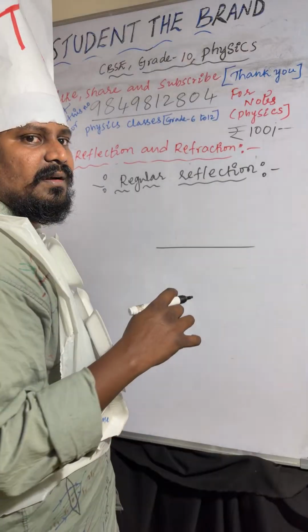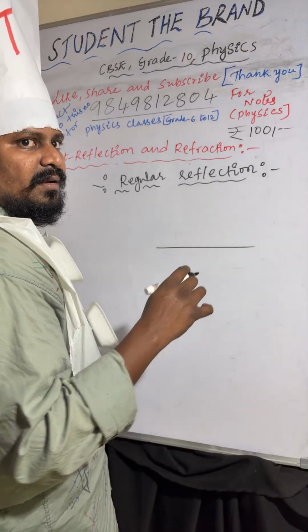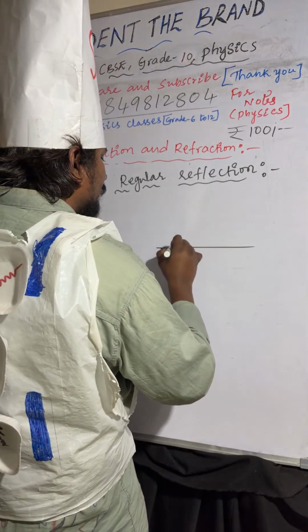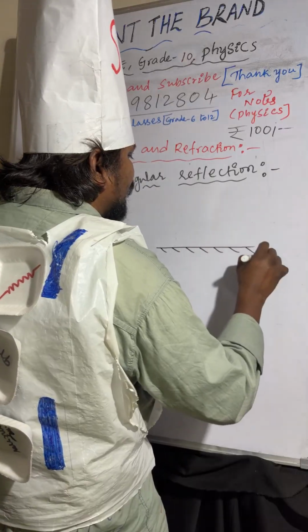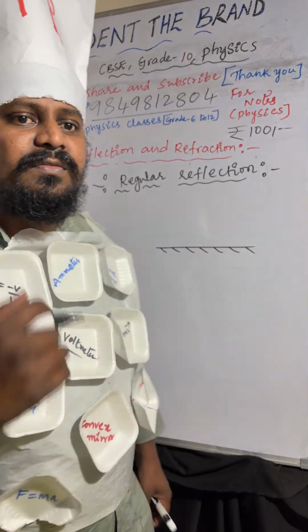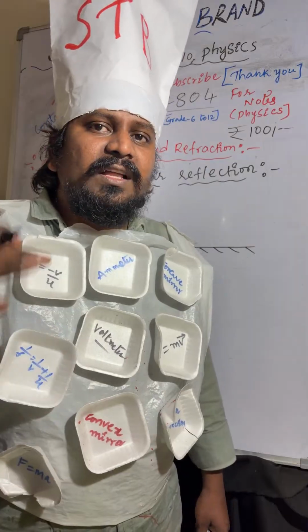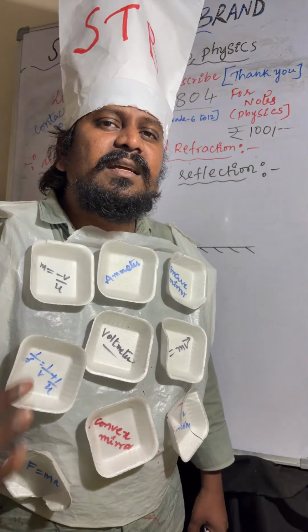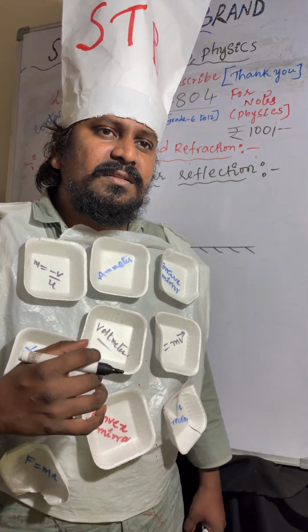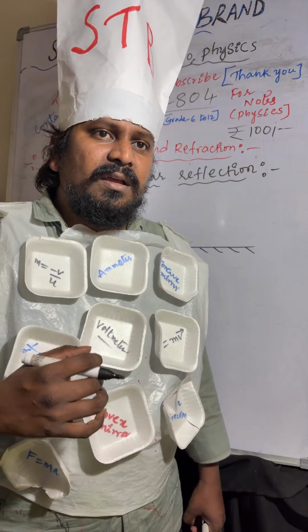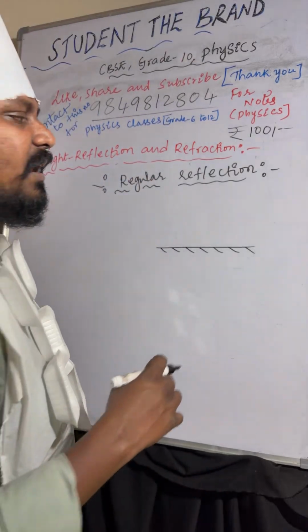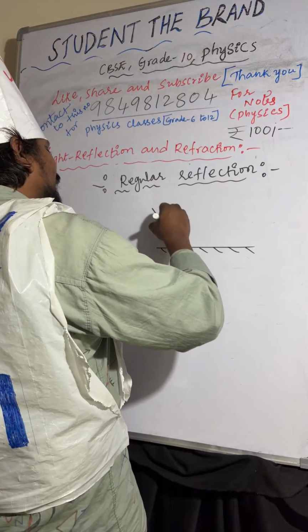One side is coated, another side is the reflecting surface. Incident light rays are parallel to each other, so I'm taking these as the incident light rays.